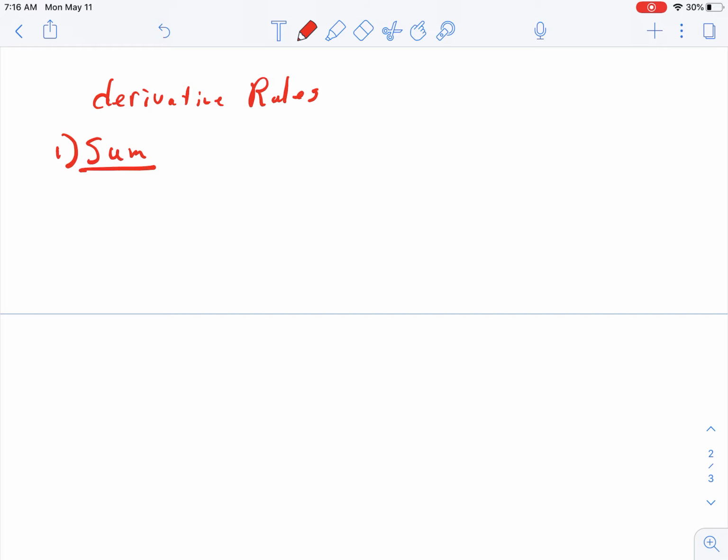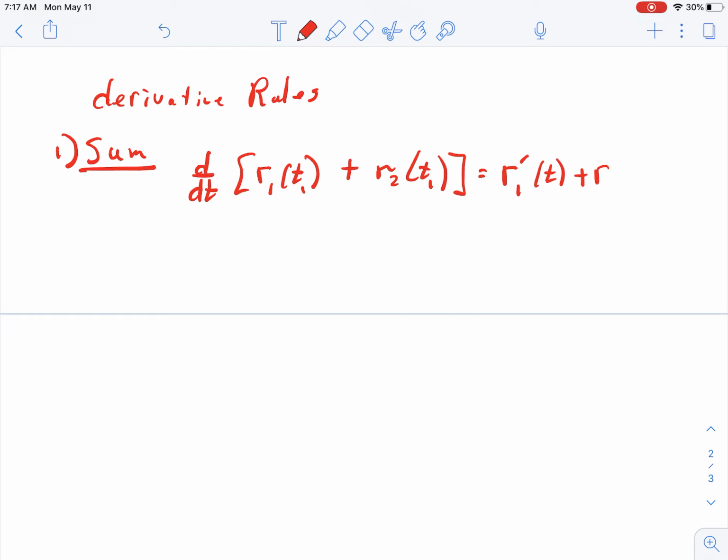If I have two vector valued functions, so I'm going to do d/dt of r1(t) plus r2(t), it has to be at the same t. So basically, this would be r1 prime plus r2 prime, like so.